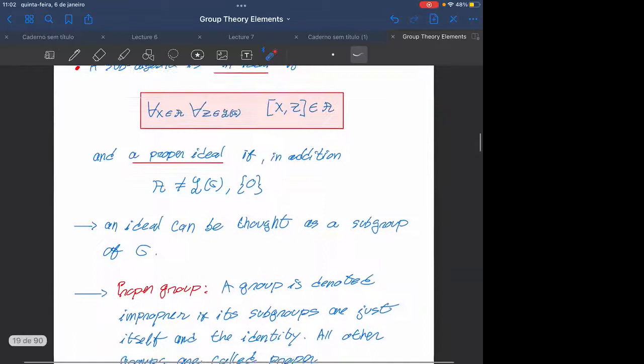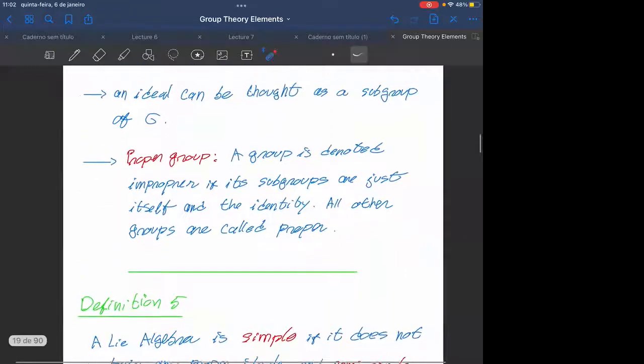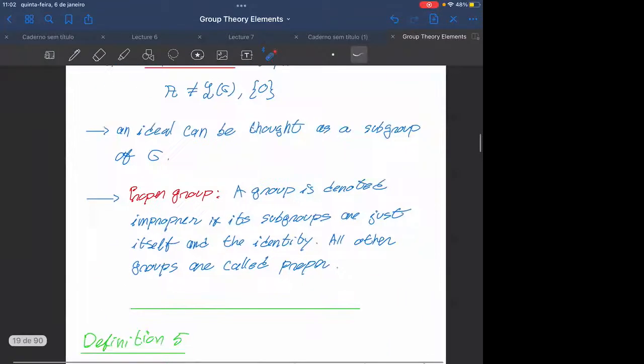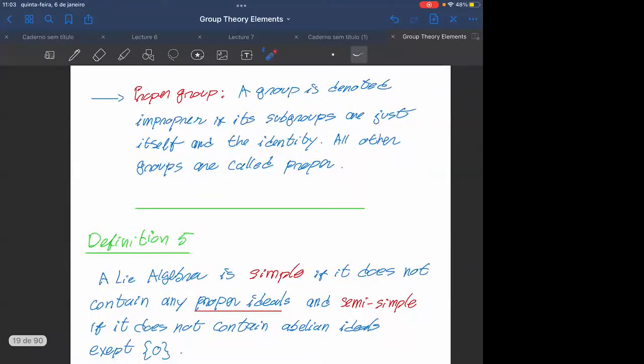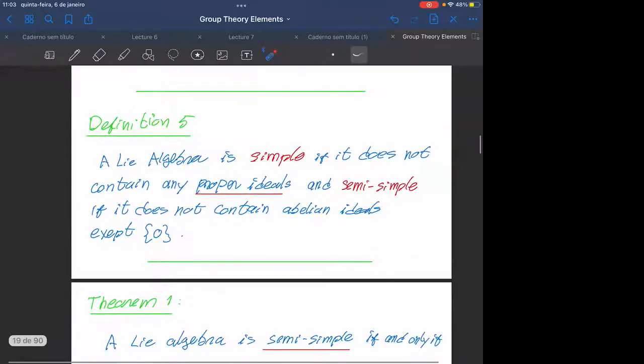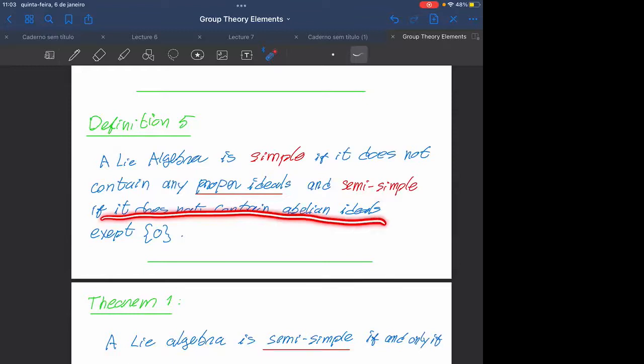Now, there is this sentence that was problematic in the last discussion. But then there is this definition that the Lie algebra is simple if it does not contain any proper ideals, or semi-simple if it does not contain abelian ideals, except zero. But let's concentrate on the simple algebra case. So a Lie algebra is simple if it does not contain proper ideals.